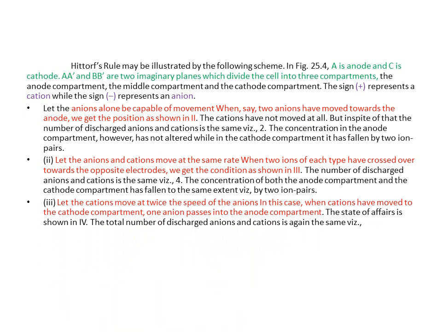Now let us consider the third case. What is the third case? In the first case we considered that only anions are able to move. At that time cations cannot move. In the second case we considered that the same numbers of anions and cations are able to move. But in the third case we consider that cations move with a speed twice that of anions.